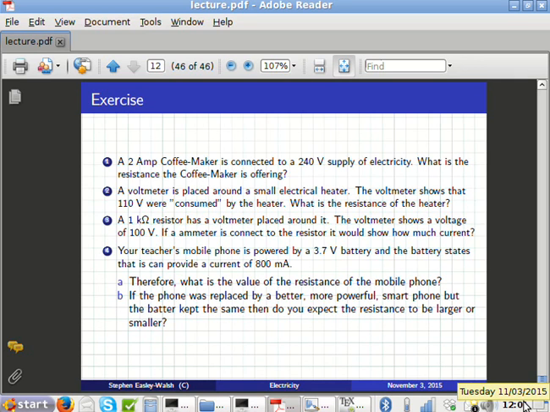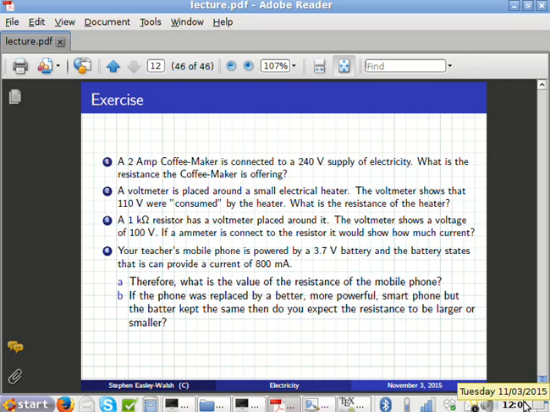Let's say a PSP or a Game Boy. Everybody remembers Game Boy.